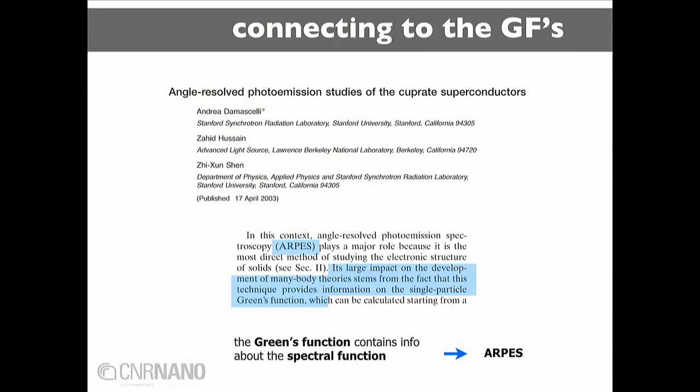So let me just conclude this first part about the theoretical picture of photoemission by taking a statement from this review of modern physics from Michelli and co-workers that is talking about ARPES, and it kind of reverses the picture we may have. It says that ARPES has a large impact on the development of many-body theories, just because it provides information on the single particle Green's function.